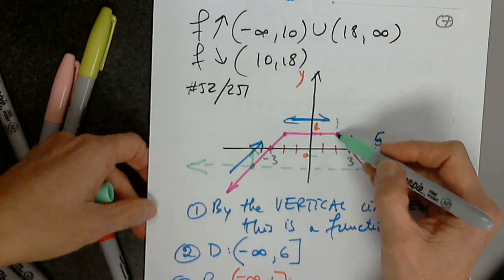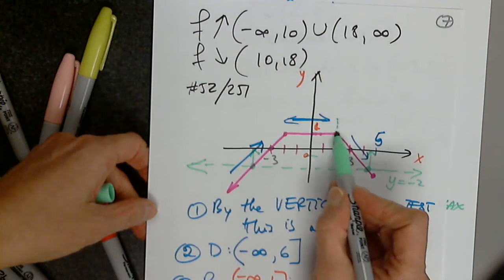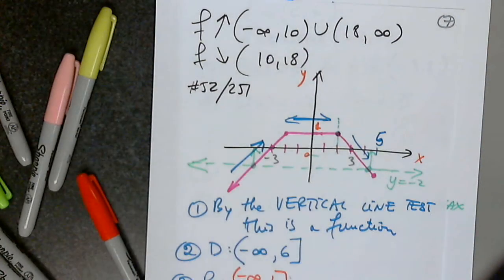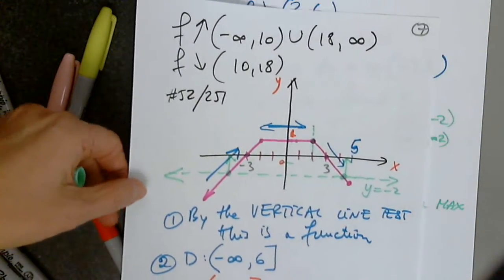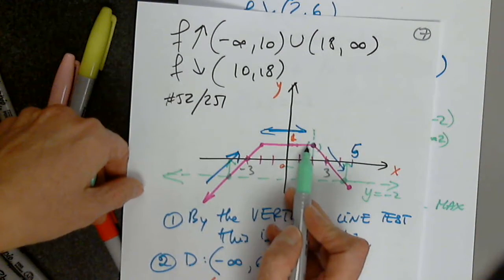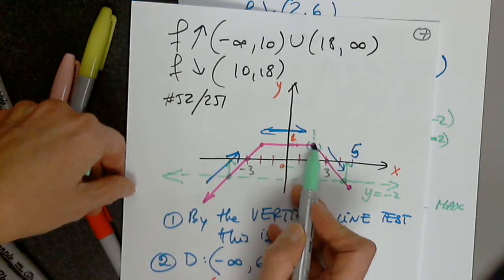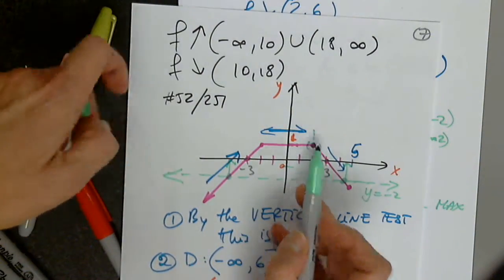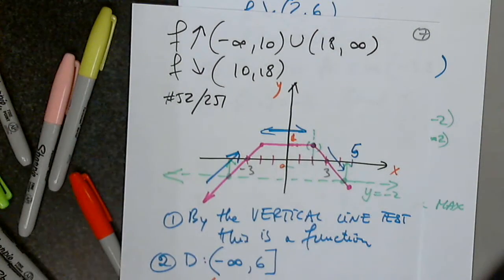That's our f of 2. F of 2 relative maximum. I would personally say yes, because I can show the open interval. But because the left-hand side is equal to that, we will say no. If you remember, we said I have to show the open interval around that point where all x values are.